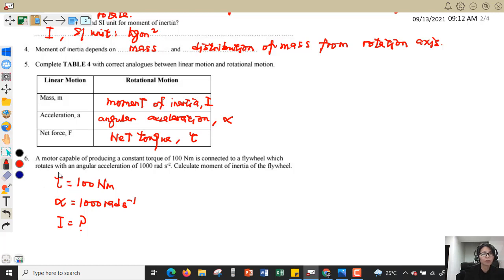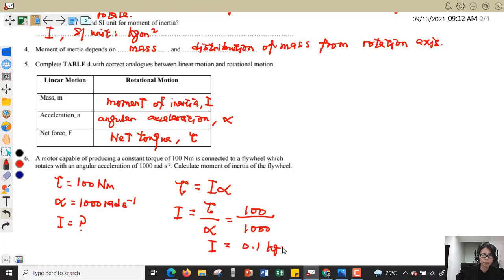We can relate torque, angular acceleration and moment of inertia using the equation torque equals I alpha. So we can find I by rearranging the equation: torque divided by angular acceleration, so 100 divided by 1000. We will get the moment of inertia for the flywheel as 0.1 kg meter squared. So these are the basic ideas about the moment of inertia in rotational motion.